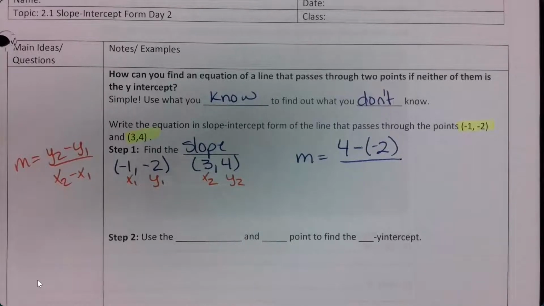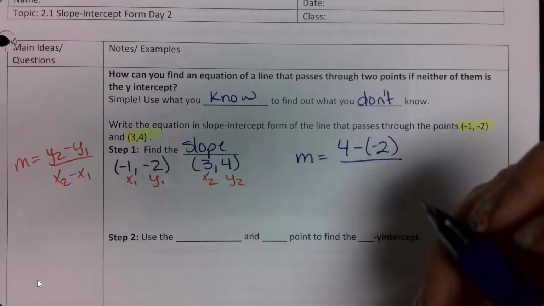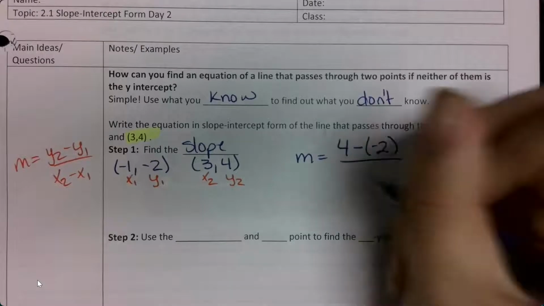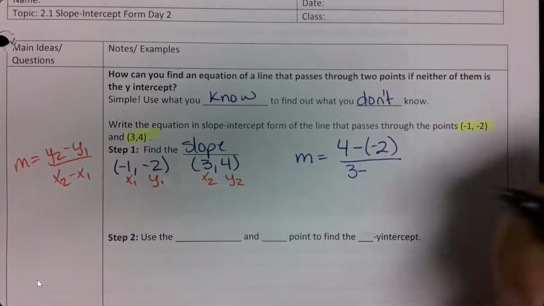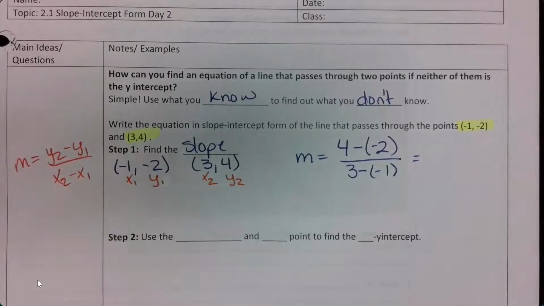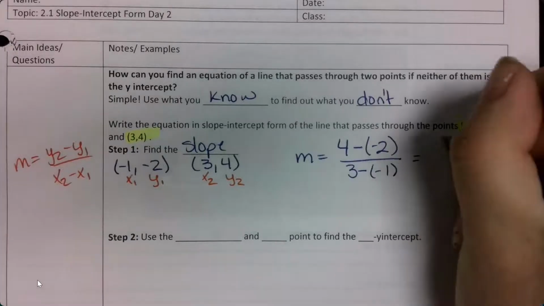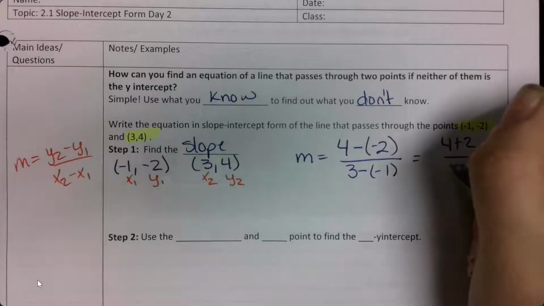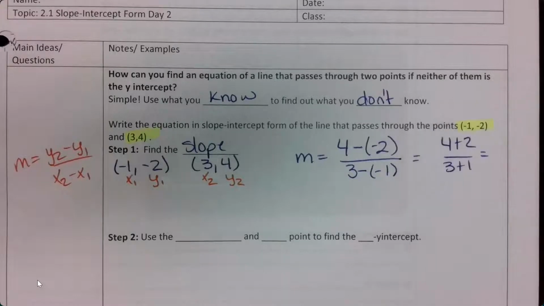I'll do that in the next step. And then, what do I have on the bottom? What's my x2? 3. And then my x1? -1. So when I have double negatives, what is that really? So I really have 4 plus 2 on the top and 3 plus 1 on the bottom.